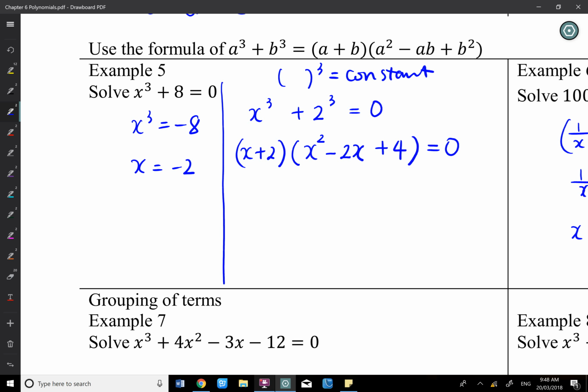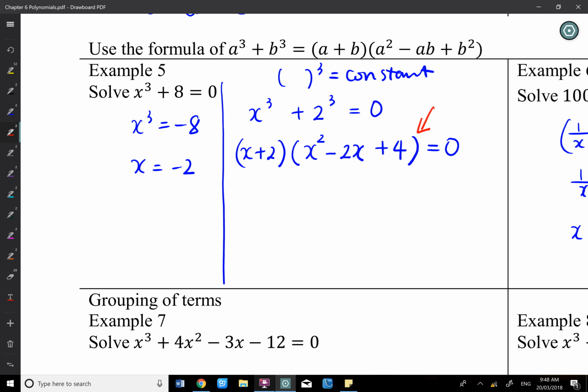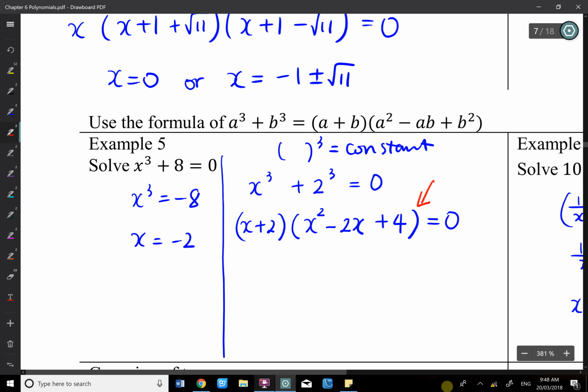Can I factorize that further? Well, if you test the discriminant, we'll say no. But you also need to remember, when we use this formula, this quadratic cannot be factorized for sure. Remember I said that before?